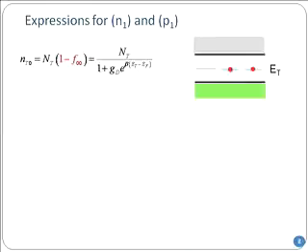Okay, so now I want to calculate N1, because once I calculate N1, I'll be in good shape. So first of all, in order to calculate N1, I want to know how many traps are occupied. Now, if I want to know how many traps are occupied, did I write it correctly? I should have multiplied F0, right?